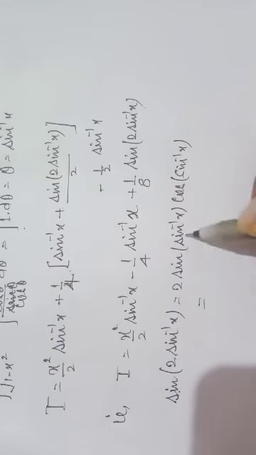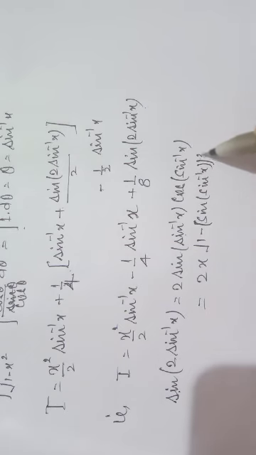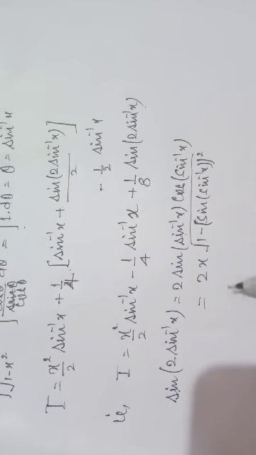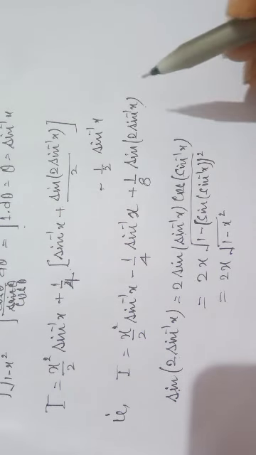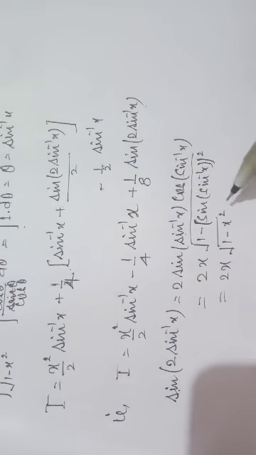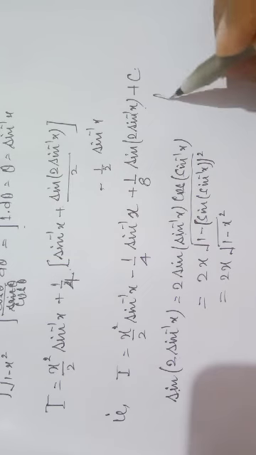So this becomes x, and this is under root 1 minus sine square theta, so under root 1 minus x square. So 2x under root 1 minus x square. This is the value of sine of 2 sine inverse x. So if you are able to calculate, then calculate it, otherwise this should be your answer, right?